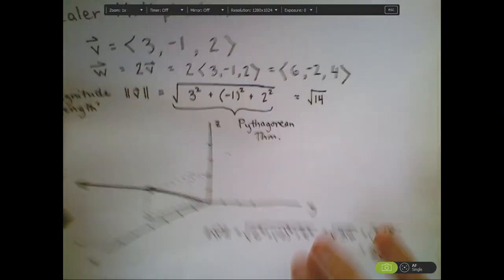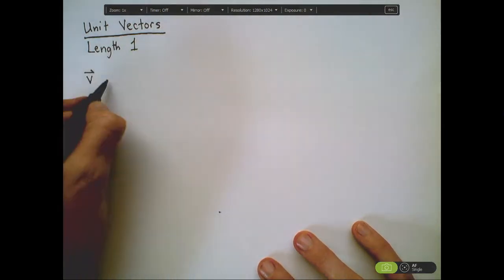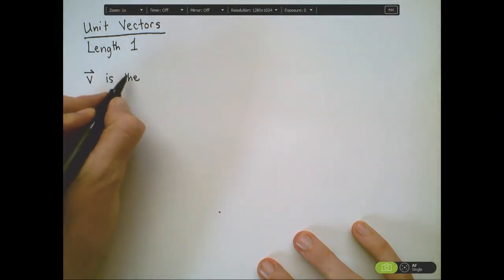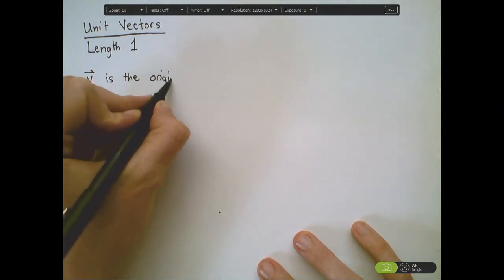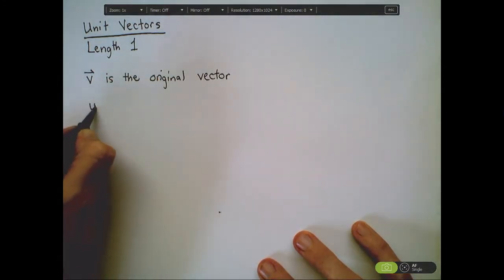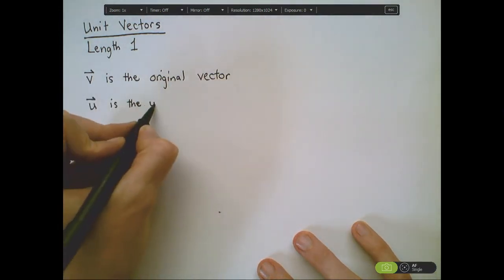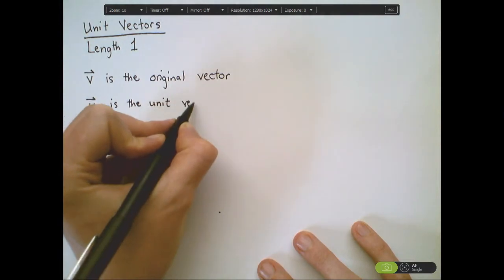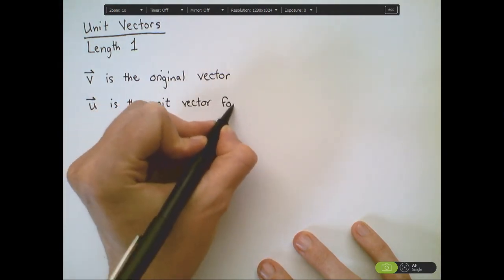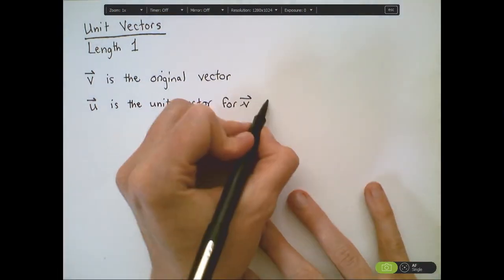Or in other words, we'll say that a vector v is the original vector, and a new vector u is the unit vector for v.